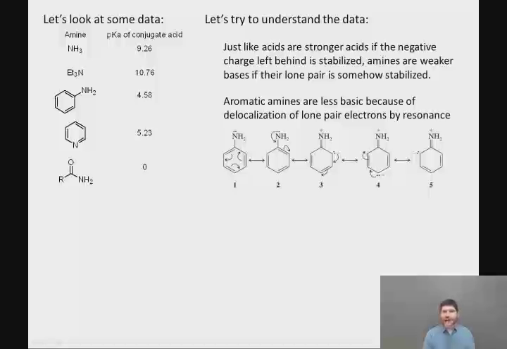But beyond that, I can draw structures 3, 4, and 5, where I take the lone pair electrons from the nitrogen, use them to form a carbon-nitrogen double bond. What that's going to do is put a negative charge onto either the ortho in structures 3 or 5, or the para in the case of structure 4, carbons of the benzene ring.